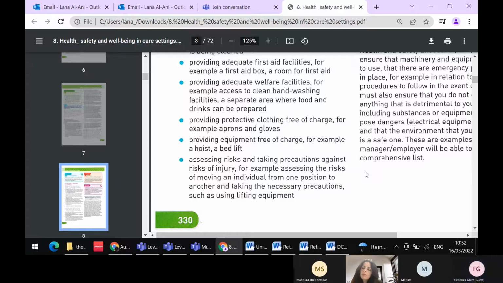Pardon? Yeah, can you think about what's the responsibility of your manager? Because we talked, like Miriam has spoken about quite a few responsibilities. Can you provide other responsibilities for your manager in the care home under the health and safety regulation?